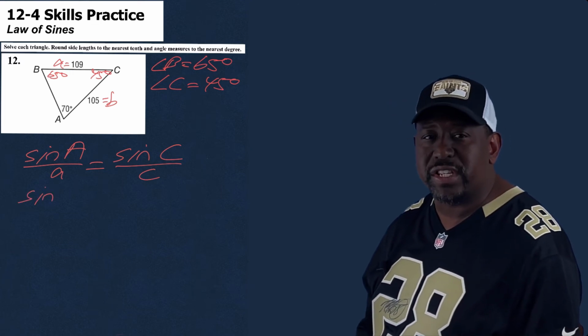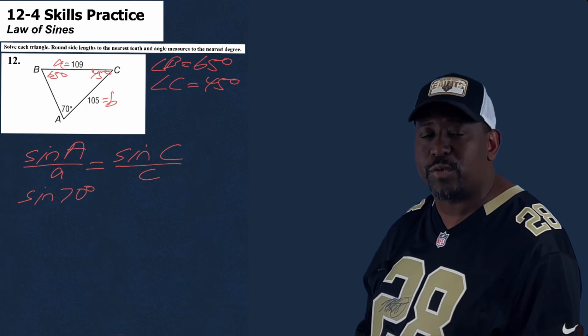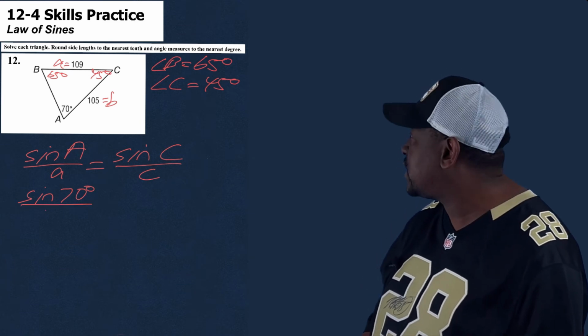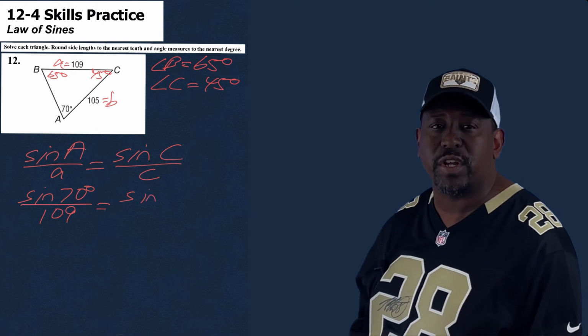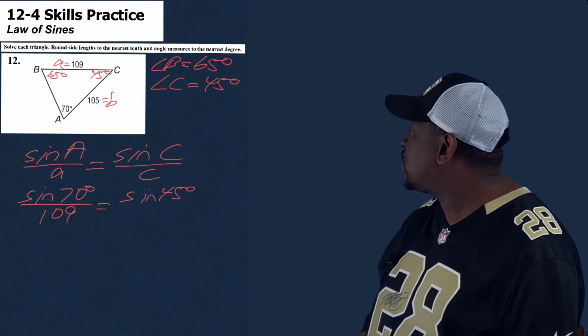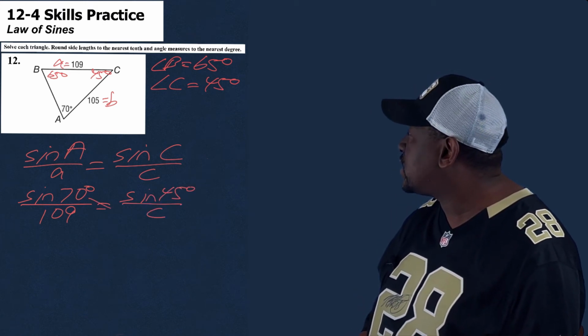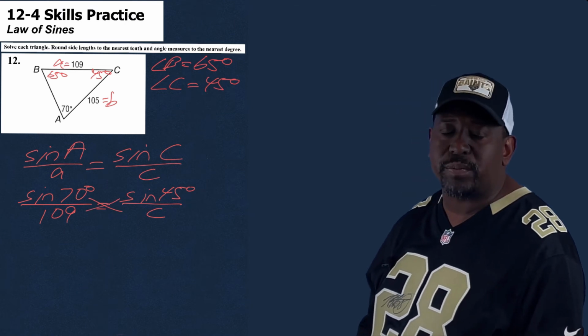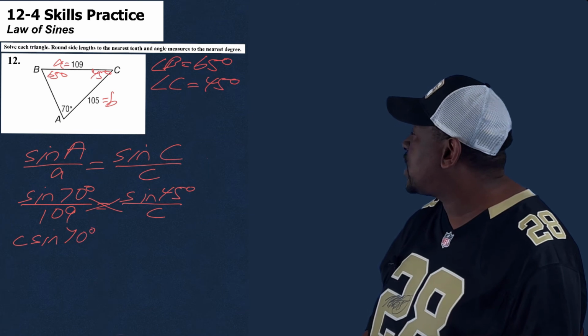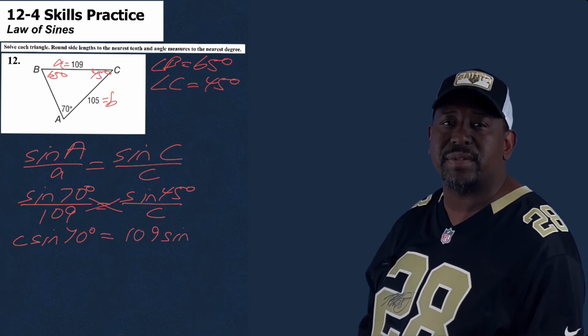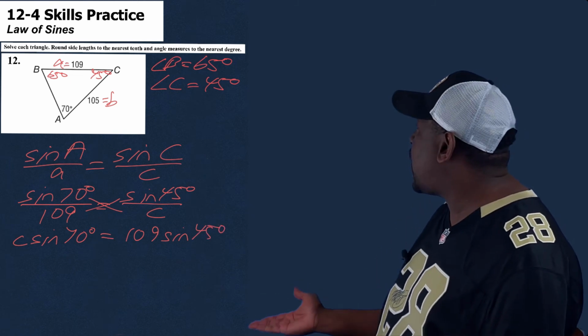So we have 3 of these quantities given. We solve for the one that's not given, which is side C. We substitute the values in. We have sine 70 degrees over 109 equals sine of 45 degrees over side C. We want to cross multiply to get rid of the fraction terms. You have C times sine of 70 degrees equal to 109 times sine of 45.